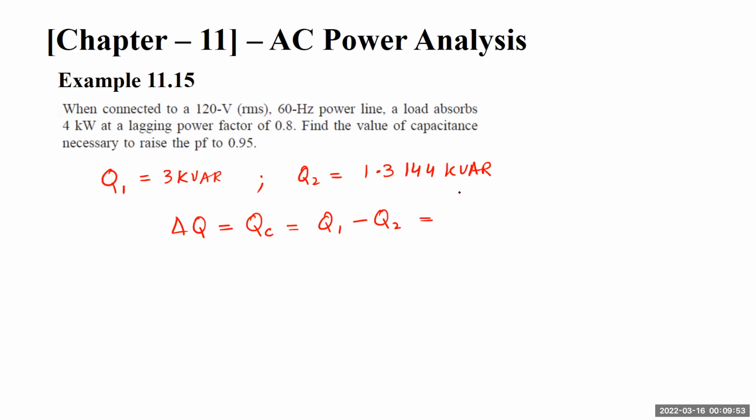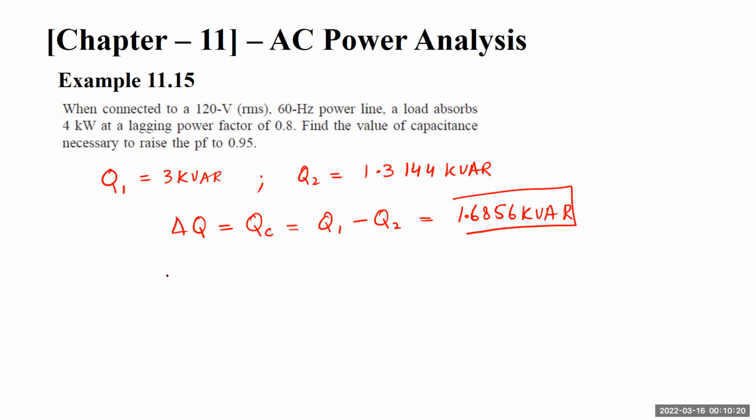If I subtract these two values, I get around 1.6856 kVAR. This is the reactive power that has been supplied by adding a capacitor in parallel to our load.